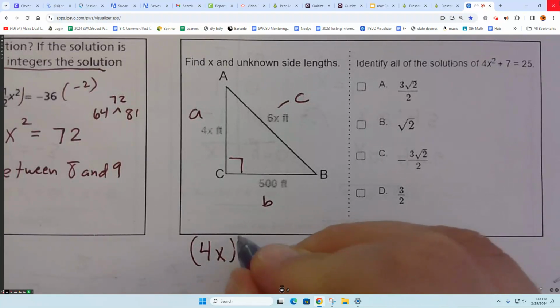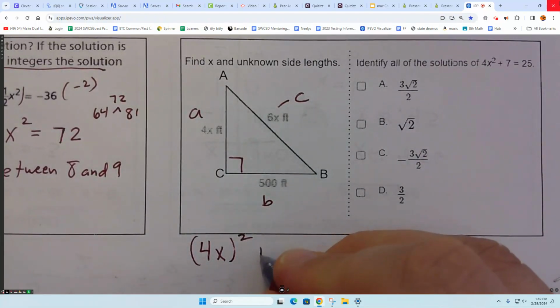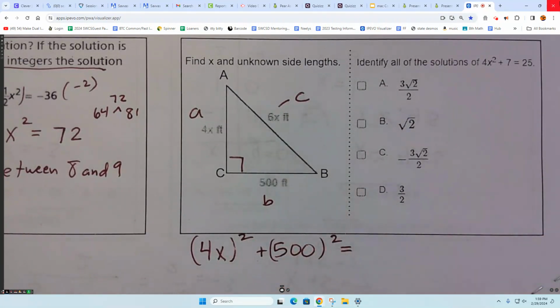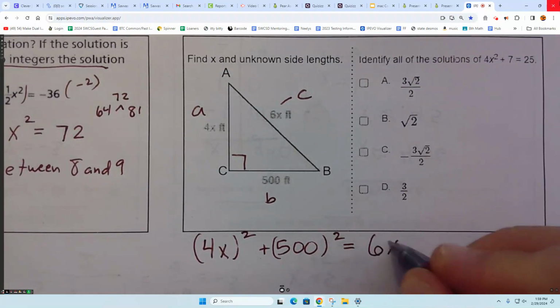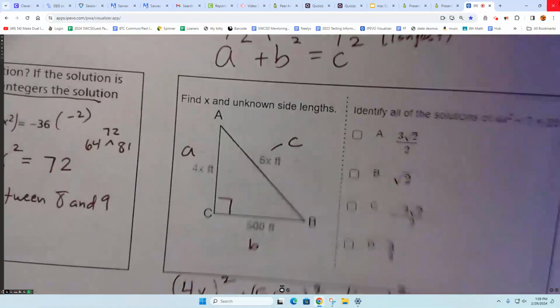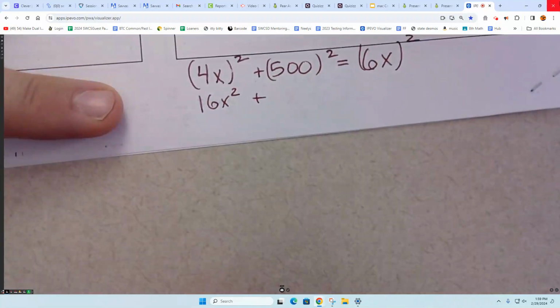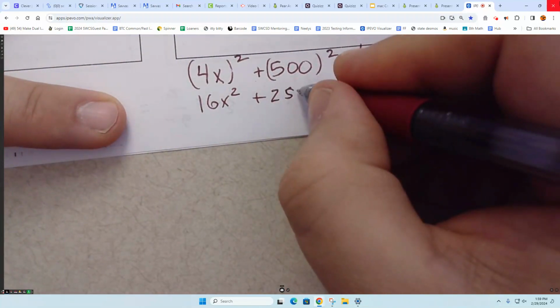4x squared plus 500 squared equals 6x squared. 4x squared is 16x squared. 500 squared, 25 with how many zeros? 4.